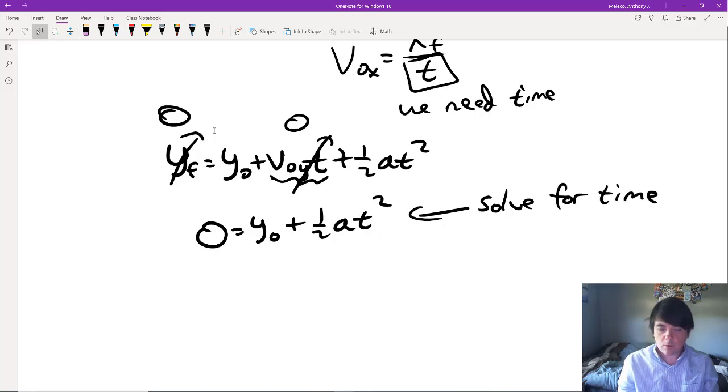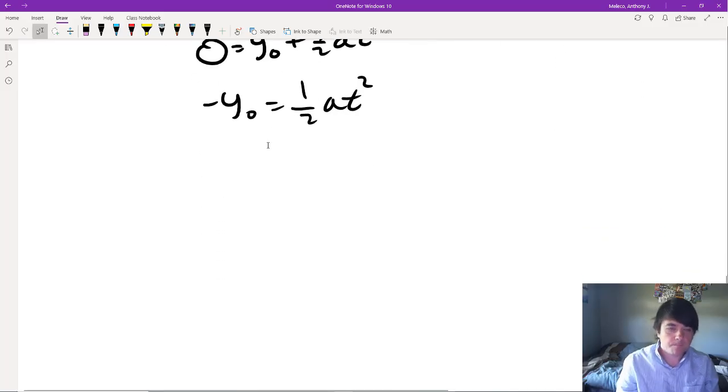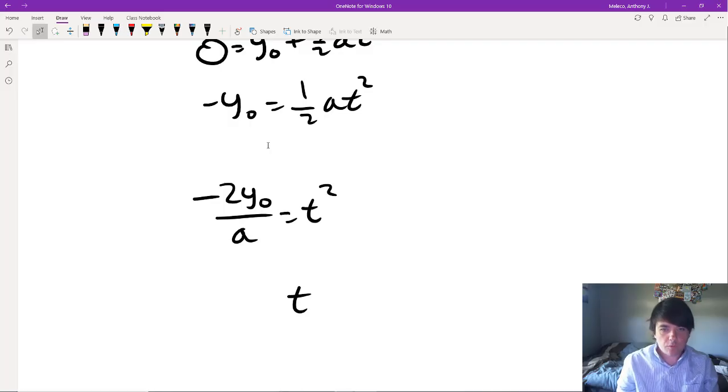So minus y initial is 1/2 at squared. Multiply by 2 and divide by a. So that means our time is the square root of 2y0 over a.